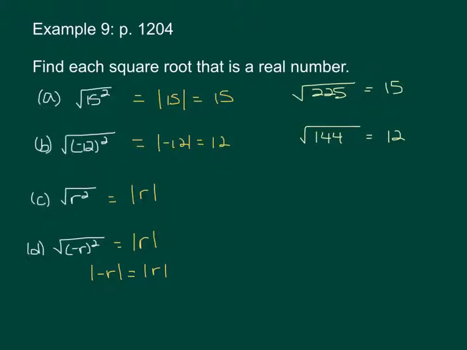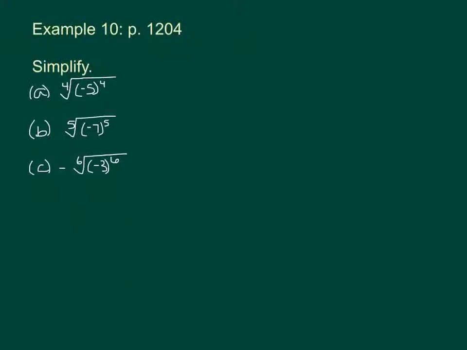So putting it with numbers, for example, the absolute value of negative 3 is 3, and the absolute value of 3 is also 3. So it doesn't matter whether you have the positive or the negative inside the absolute value, they're going to be the same thing.